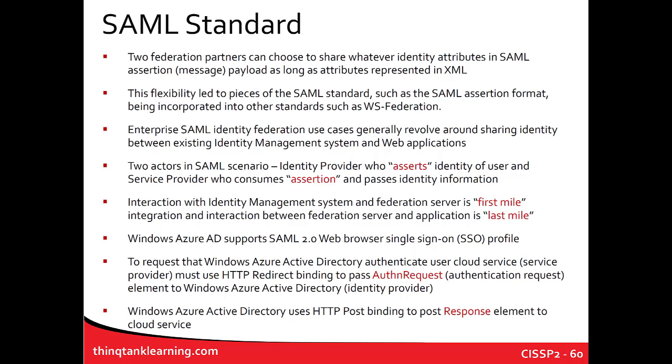All right. Two Federation partners can choose to share whatever identity attributes in SAML assertion messages, which is assertion payload, which are the messages, as long as the attributes are represented in XML.